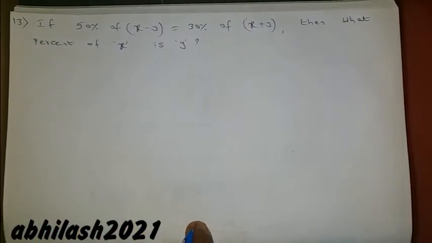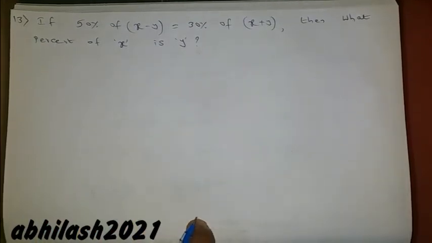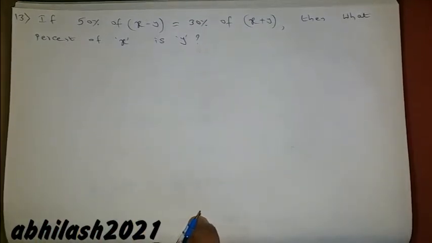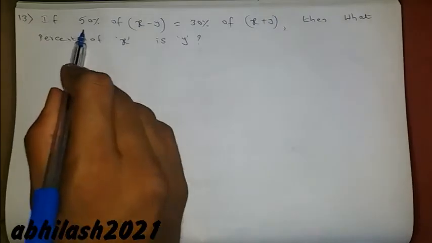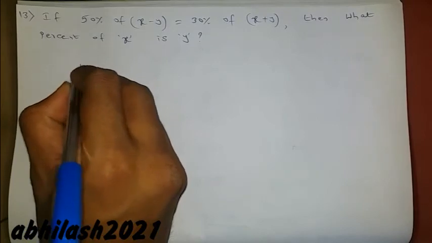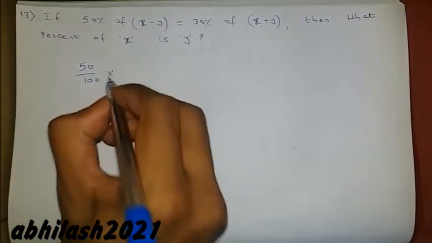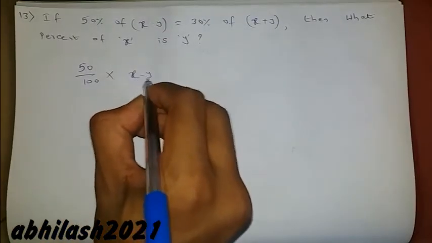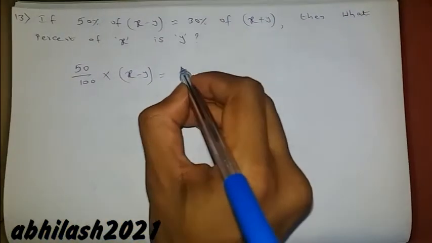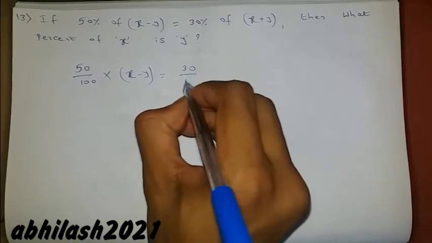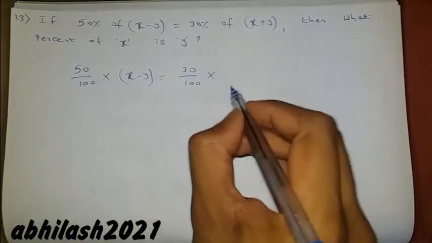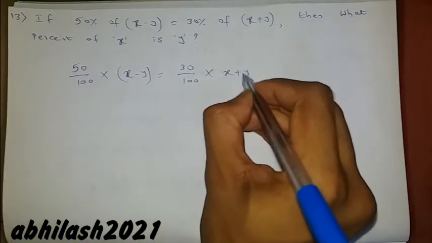Okay, the next question is, if 50% of x minus y is equals to 30% of x plus y. 50%, 50 by 100 of multiplication x minus y is equals to 30%, 30 by 100 of multiplication x plus y.